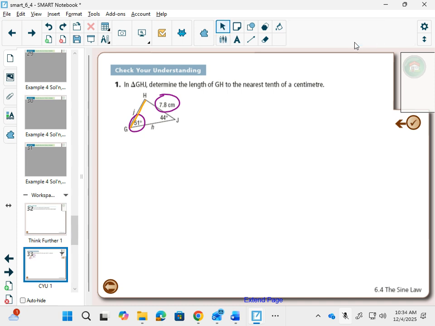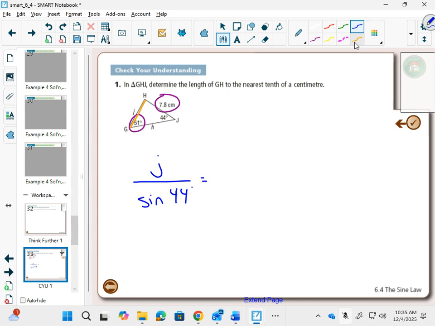Whatever you want to find, write that on the top of the fraction first. And the sine law always works with opposite angles and sides. So if I write J here, then I'm going to have to write sine of something on the bottom. What goes with J? 44.